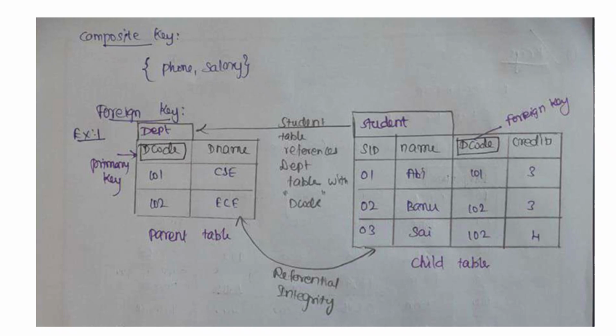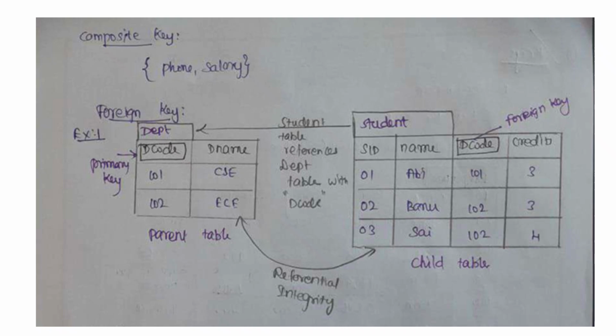The only condition is that from the two tables at least one attribute should be the same. Here the D code and D code are the same. So we can refer from any one table to the other. Here I am considering the department table as the parent table and the student table as the child table.